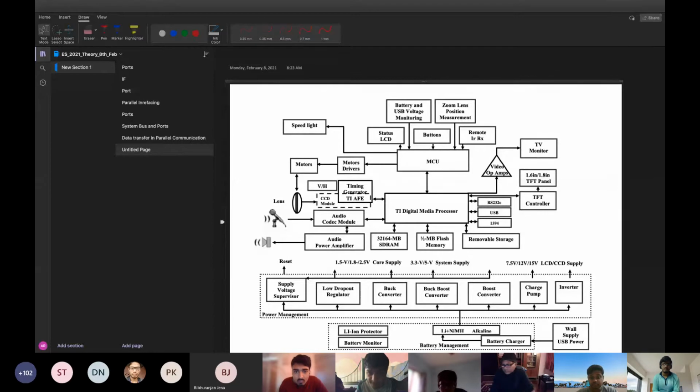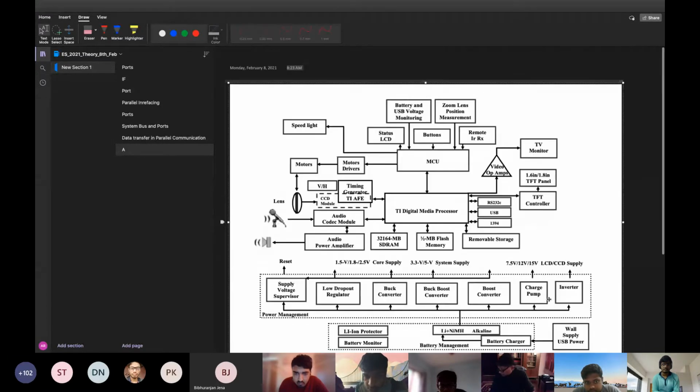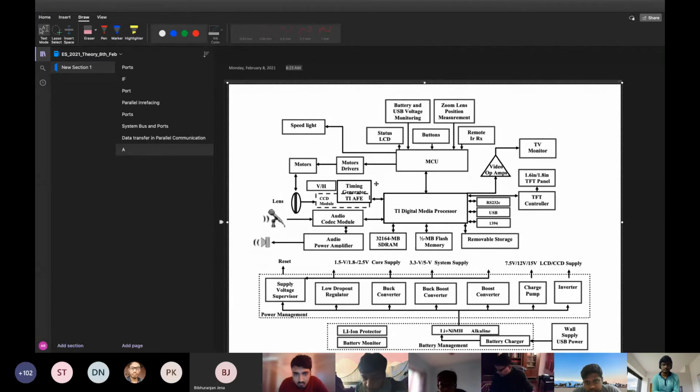Anybody can answer this. Can you see this picture? Architecture of something. What is that? Avinav.